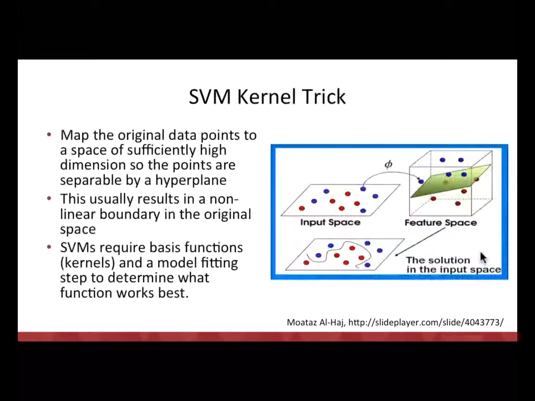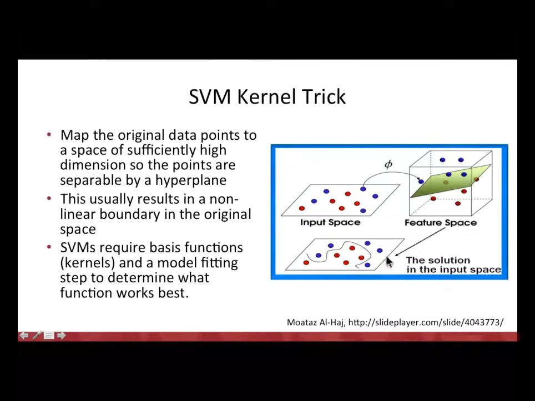And so it's variously called the kernel trick. And the idea is that I'm going to find some mathematical function that I apply to my input space to put it into a new higher dimensional feature space. So it increases the dimensionality of the problem, with the idea that I've chosen this function well, so that I can now find a plane in this space.